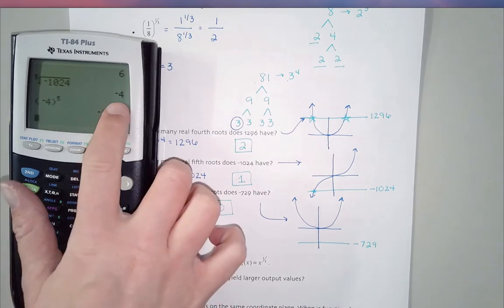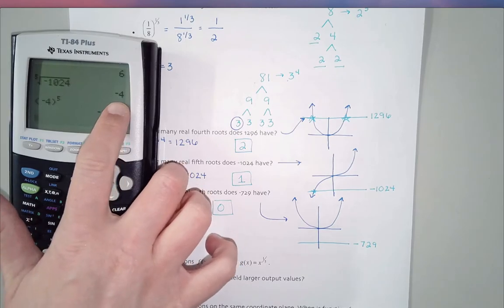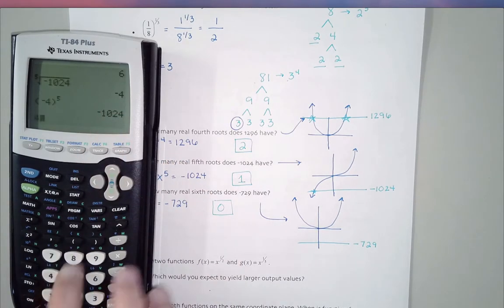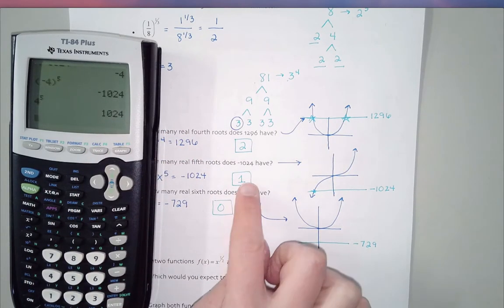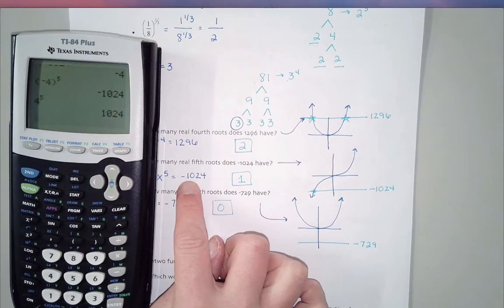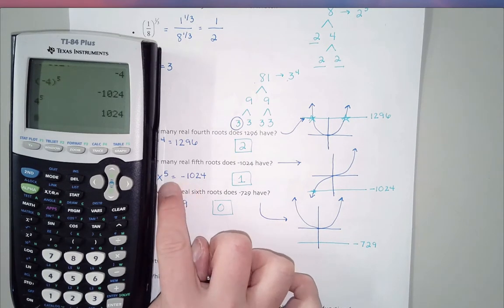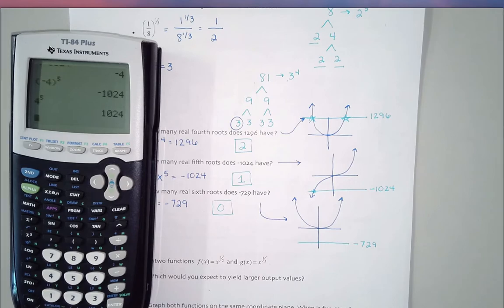But I don't have a second solution. I don't have a positive one because regular 4 to the fifth power would not give me negative 1024. It's going to give me positive. So I only have one possible way to make a negative 1024. And that's true for any odd root. When you're working with odd roots, positive goes with positive and negative goes with negative.